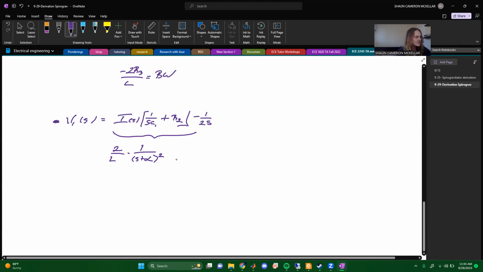So that's S plus alpha squared plus beta squared times 1 over SC1 plus 2 over L times R2 times the denominator, which was S plus alpha squared plus beta squared.